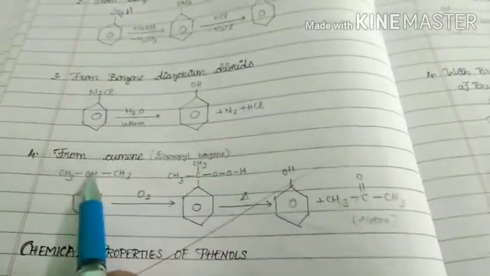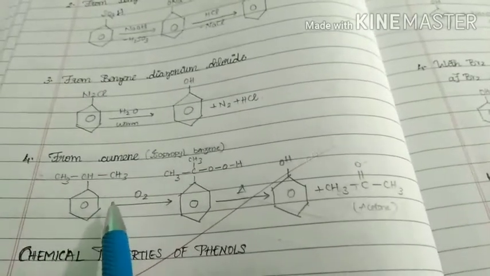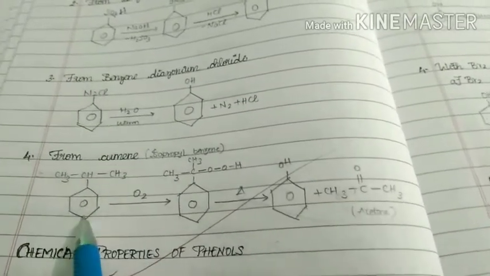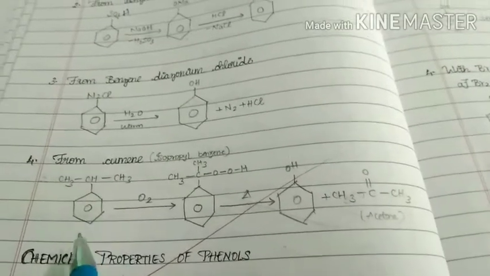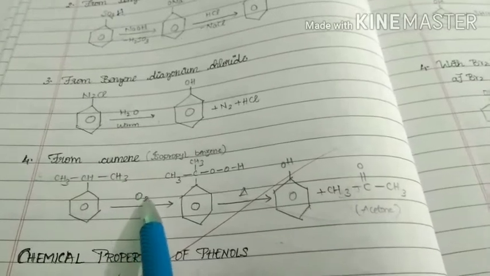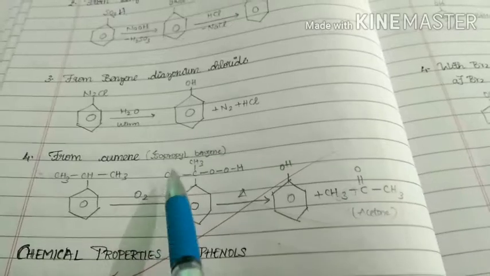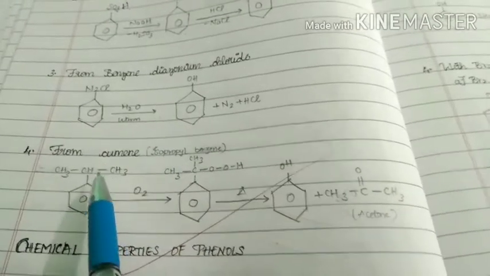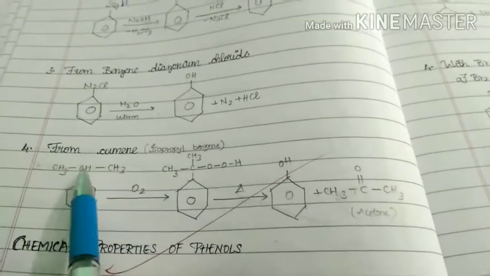Next, from cumene. Cumene means when an isopropyl group is present on a benzene ring. This is also called isopropyl benzene. When that cumene is treated with oxygen, the oxygen is inserted between carbon and hydrogen.